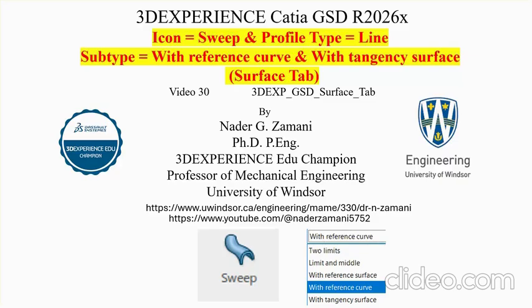Several videos on that, and then I switched to the profile type being a line, and there are 7 cases that can arise. The previous video was for cases 1, 2, and 3, and this one is for cases 4 and 5, which is with the reference subtype being a reference curve and with the tangency surface.